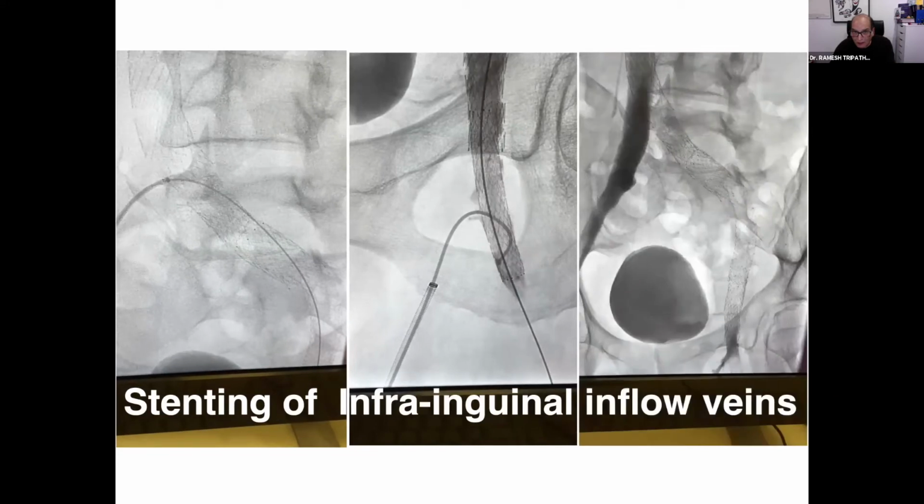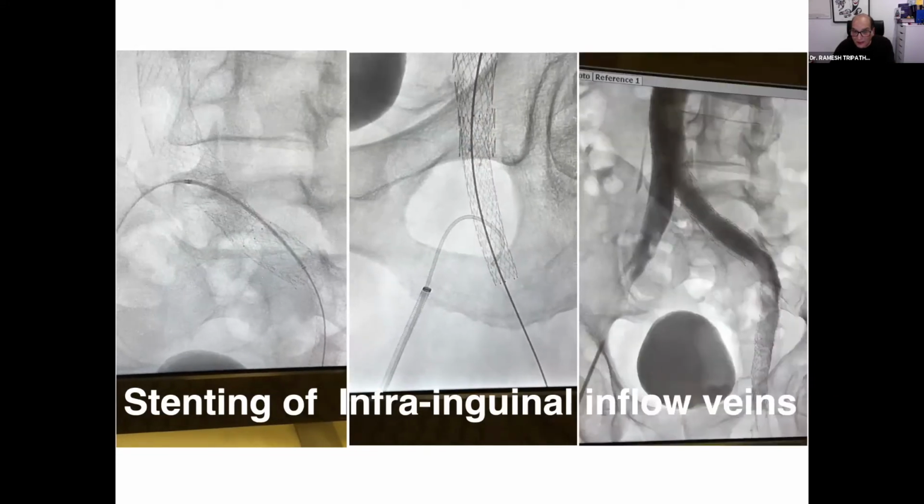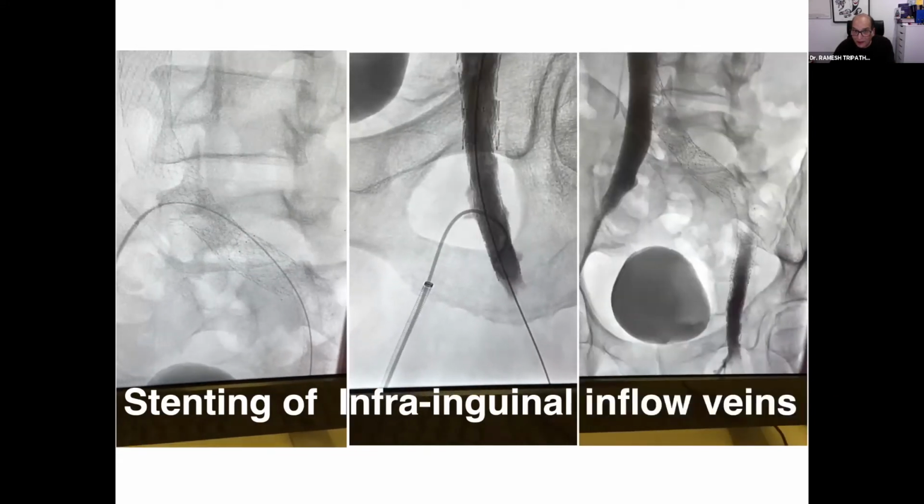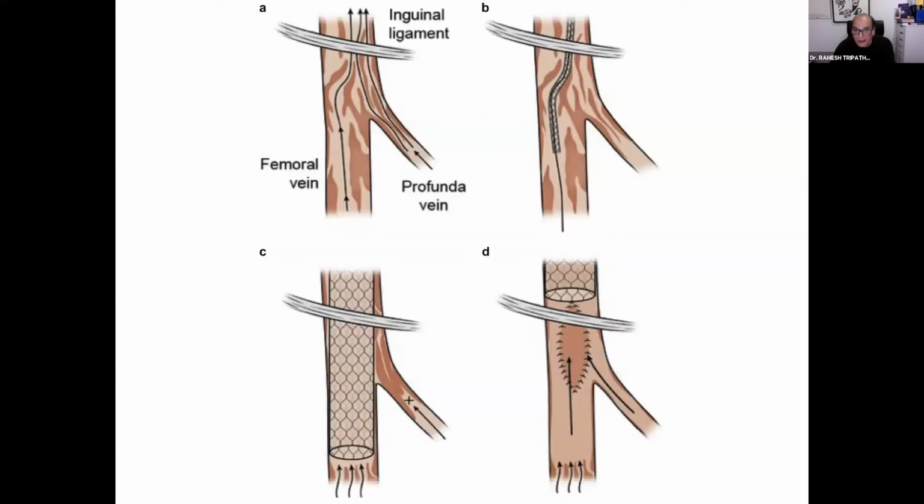So I think stenting can work below the inguinal ligament as long as it is limited to the common femoral vein. This is the premise on which this stenting is limited, because if you look at figure C, when a stent is extended beyond the profunda vein, then often it can cause pseudointima in the stent and block the profunda vein if it is a closed cell stent.